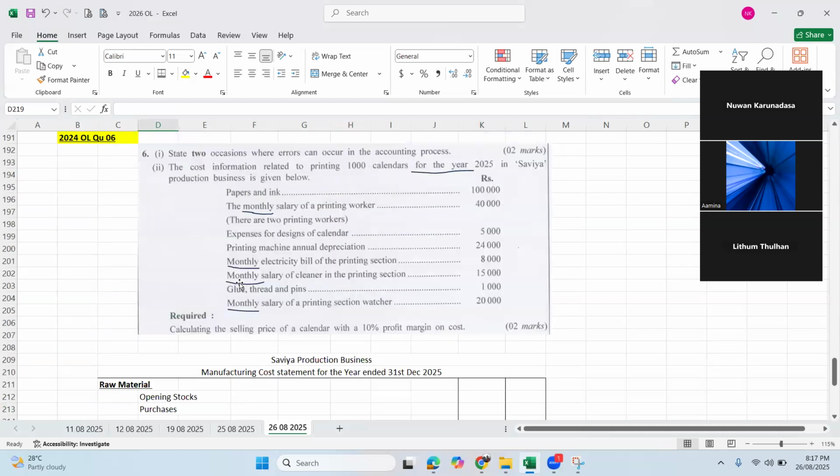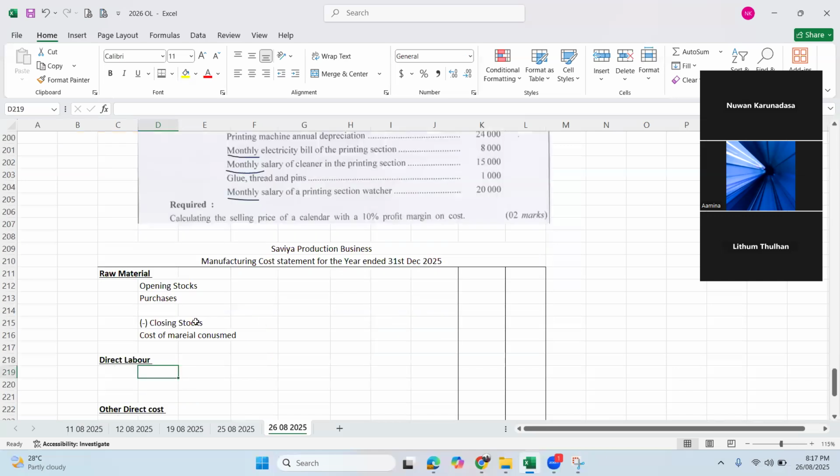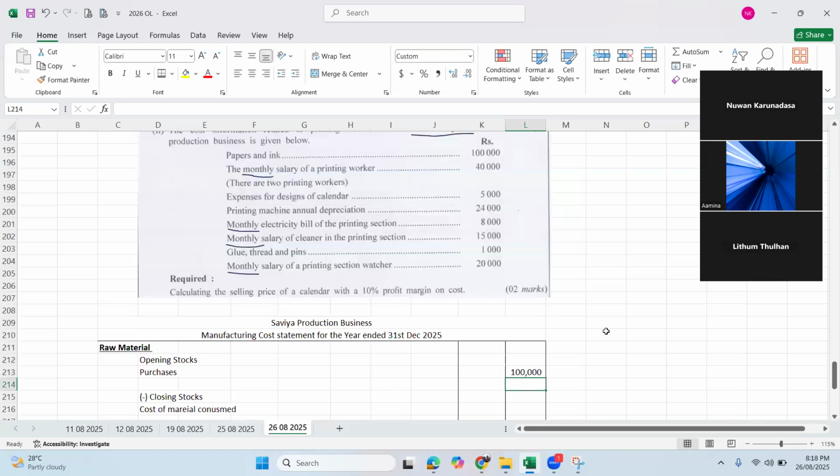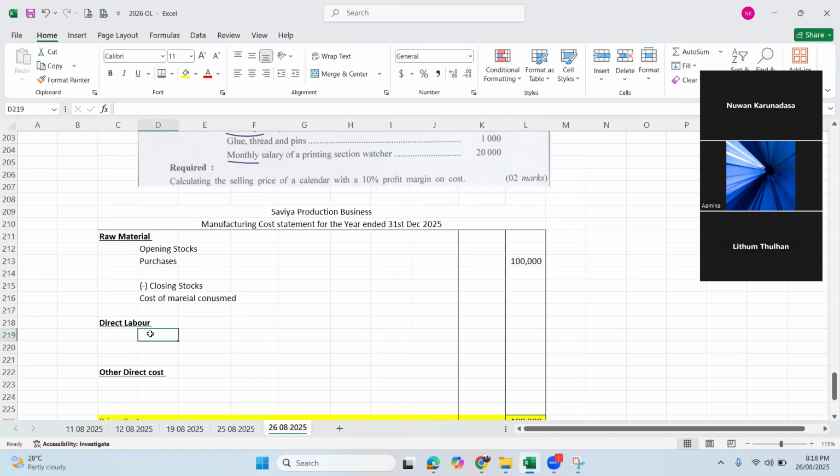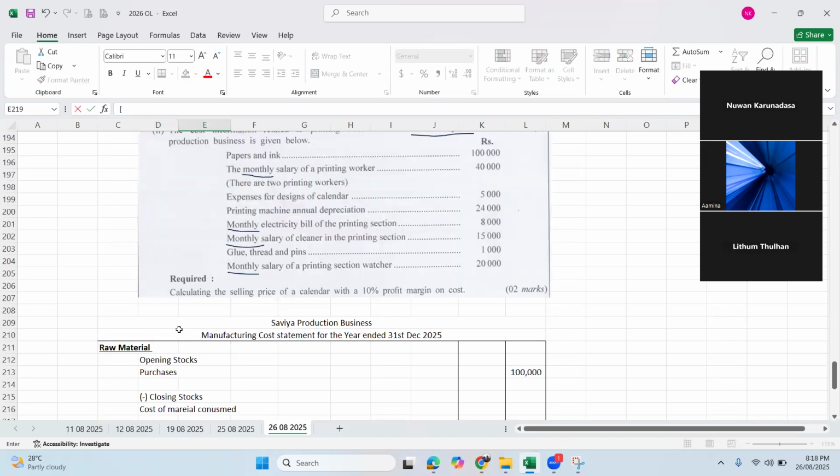Right, we'll take it. Paper and ink, that is 100 purchases. Here, paper and ink is direct material. Then the monthly salary of the printing worker, there are two printing workers here, wages, direct labor. Here you must take the monthly salary, how much? 40,000 into 2 into 12.